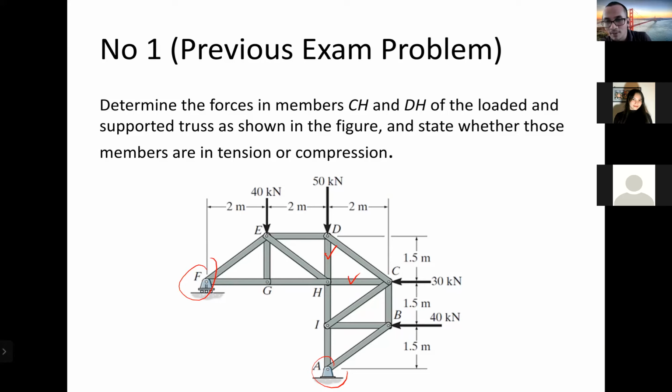Okay. For everybody else, if you have any question in the middle of my explanation, you can just turn on your mic and meet me. Up until this point, does anyone here still have a problem finding the Fy and Ax?